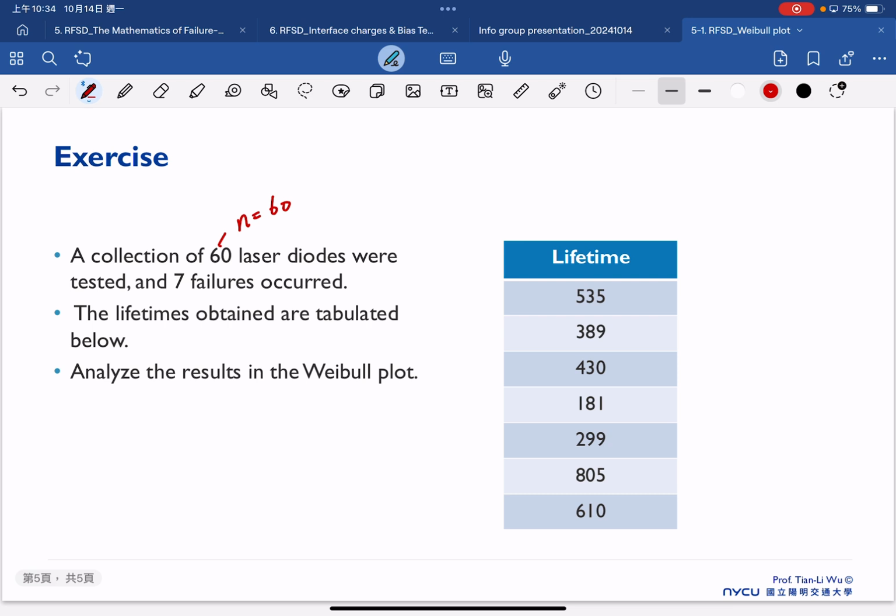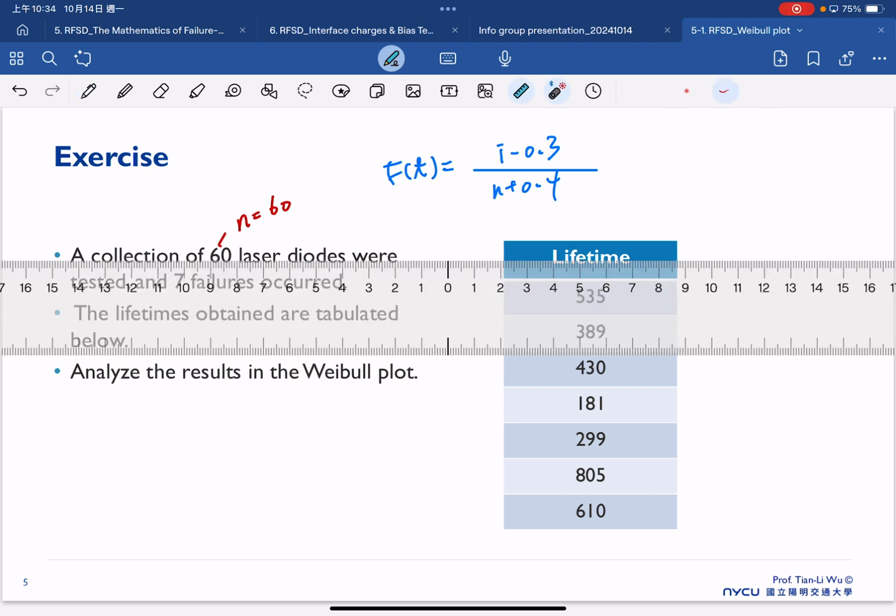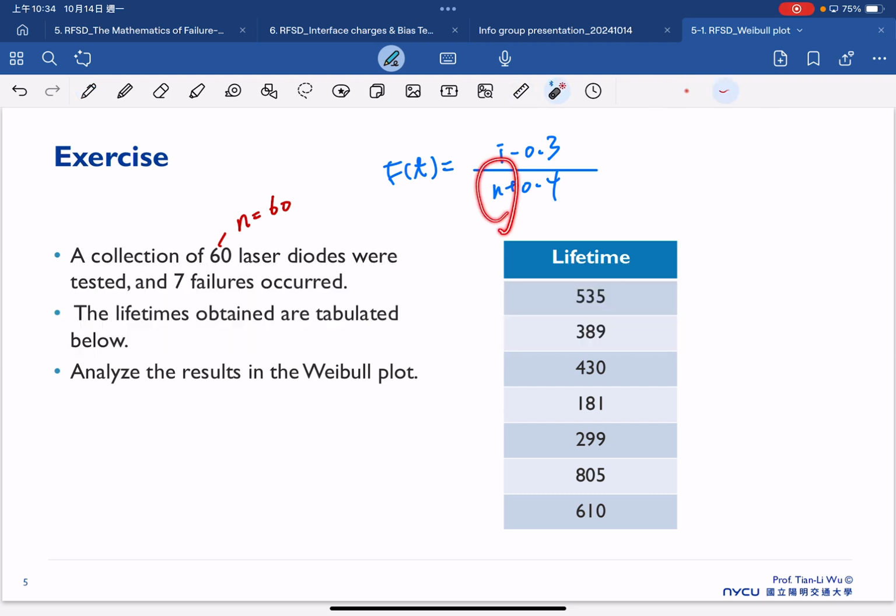But in this case, we test 60, but only 7 values. With the Bernard approximation, our F is equal to I minus 0.3, divided by N plus 0.4, where N is the total testing number here.